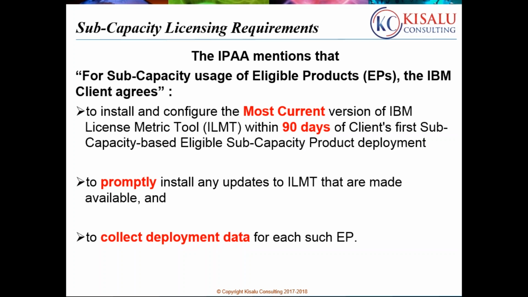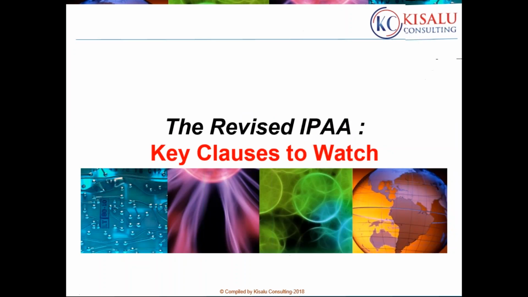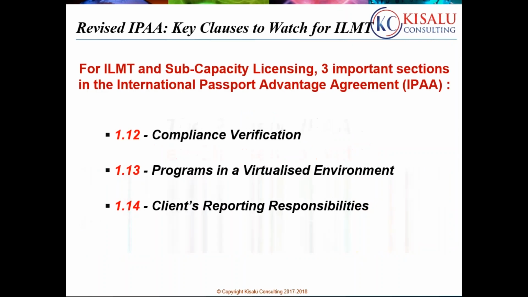It also states the client will promptly install any updates that are made available. And the third one is that the client will collect deployment data for the software installed.